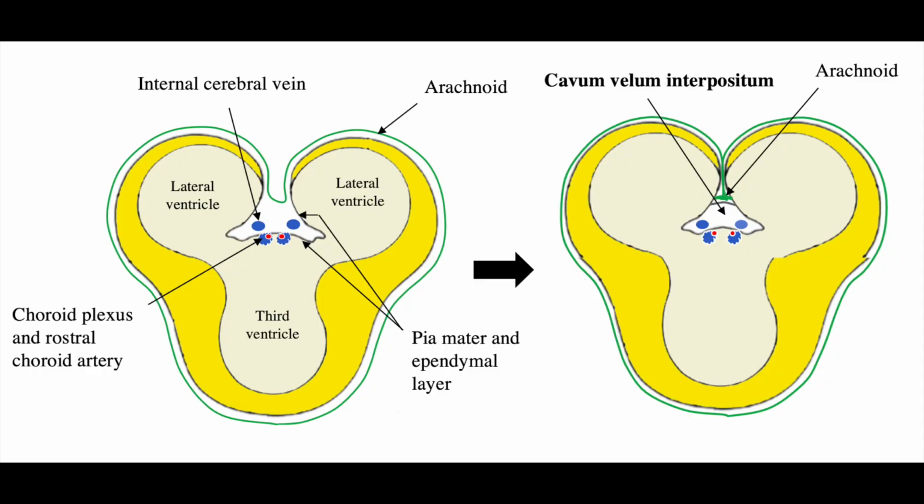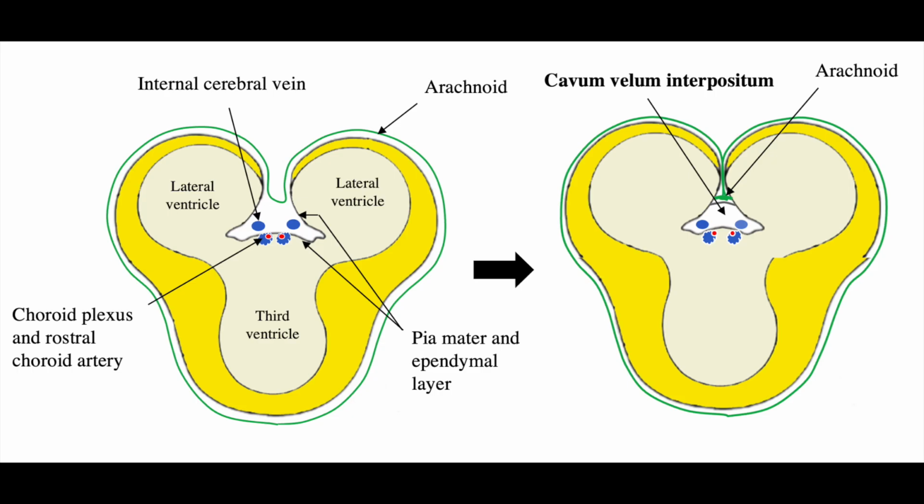So for a better understanding of this roof of the third ventricle, imagine during the development. On the figure on the left, you can see the lateral ventricles and the third ventricle. Okay, so the roof of the third ventricle and the mid portions of the lateral ventricles become very thin.